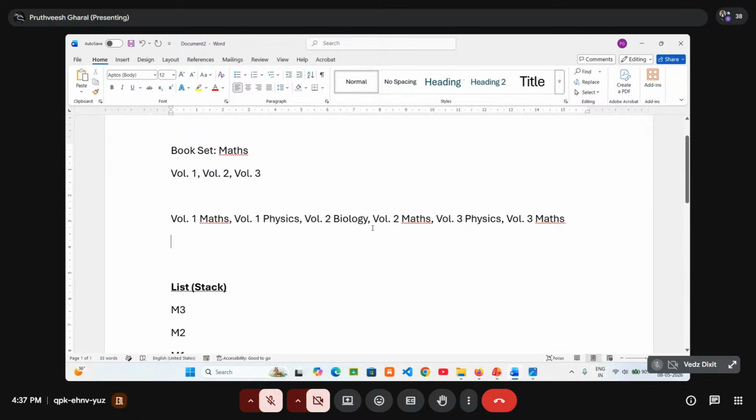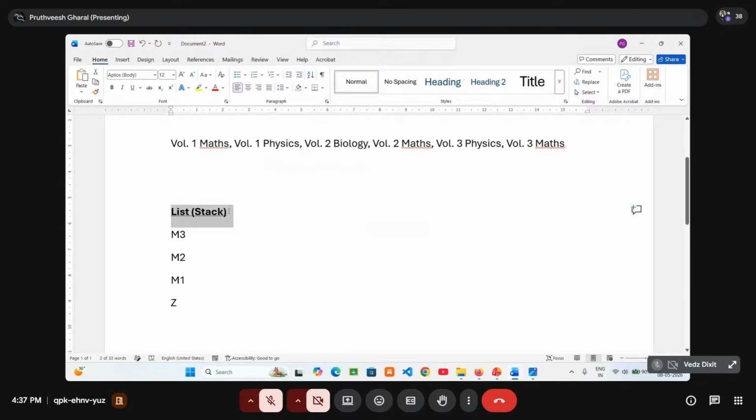So we'll read the next input, volume 2 maths. Now here we see that this book belongs to the book set maths, and it is the second volume. So what we do here is that in the stack we push down another symbol called M2.